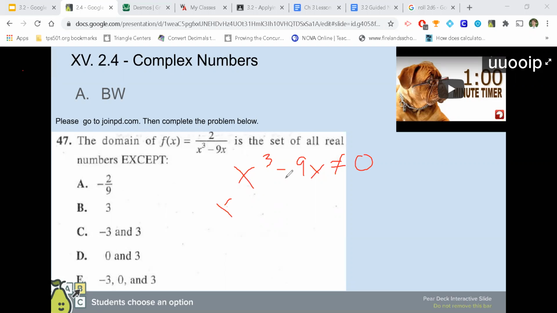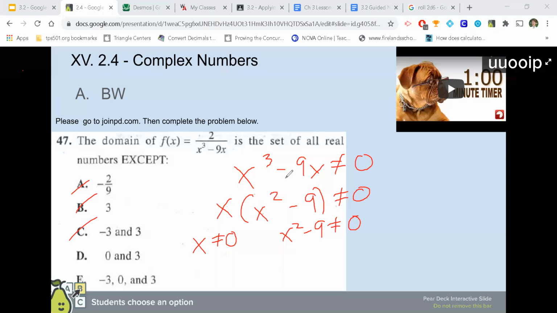X. And then what I would have left is x squared minus 9, right? Well, that means x can't equal 0 and x squared minus 9 can't equal 0. So actually, we already know that A, B, and C are not the right answer. It's down to D and E.